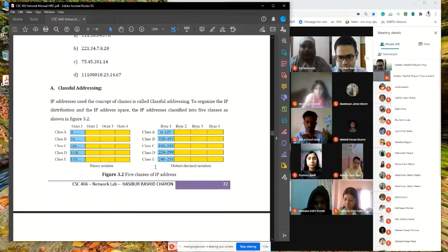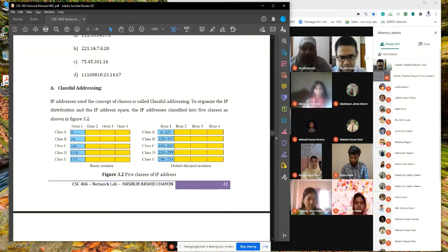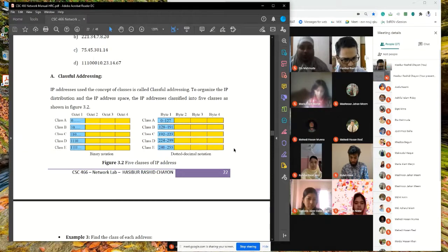Now let's see the classification. We know that we have 5 different types of class, right? Do you remember this classification? It's based on the first octet. Based on the decimal number of the first octet, we can have 5 different classes.